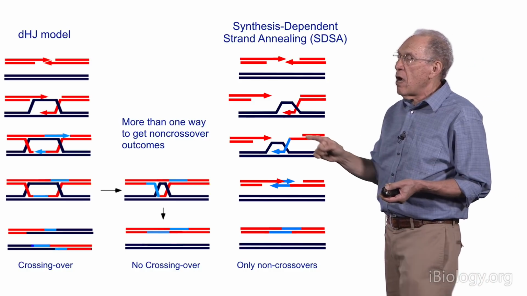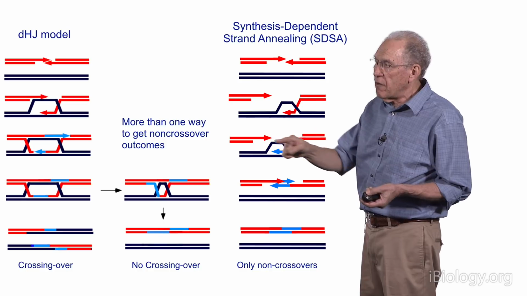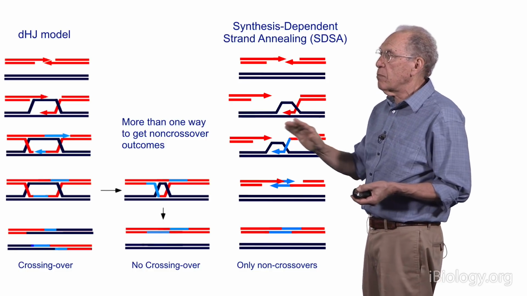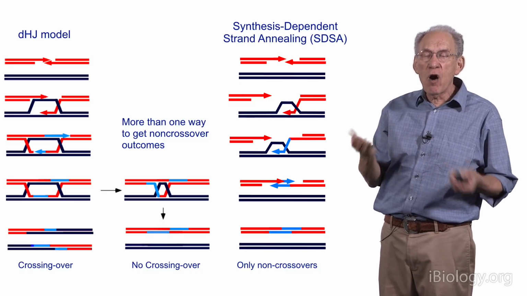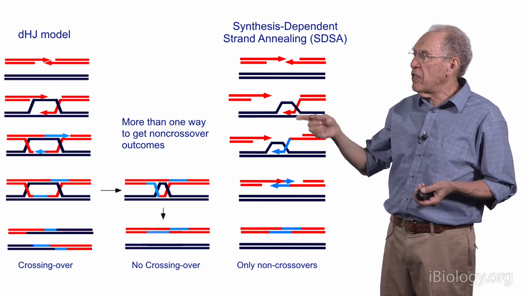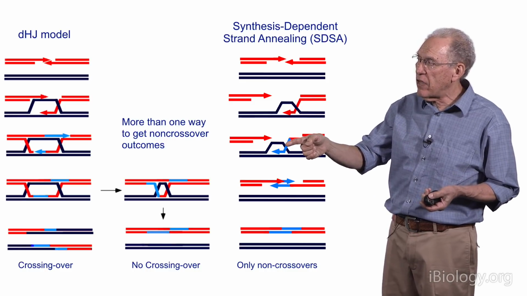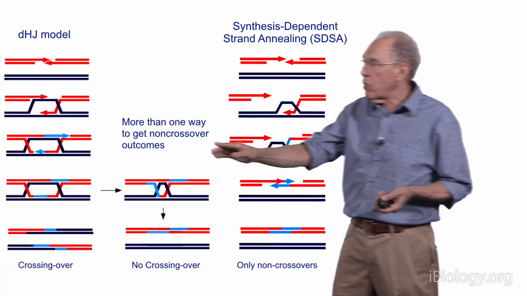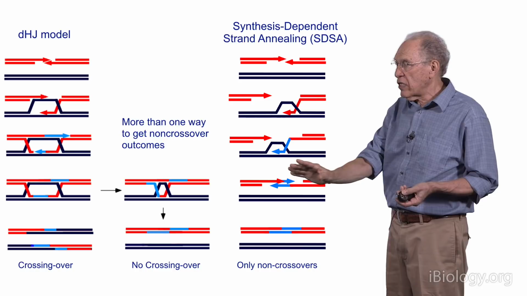But here, the new DNA synthesis that's being generated is different from what happens in the other mechanism because it's being unwound from the template in the same way that RNA would normally be unwound from its DNA template. And this unwound strand of DNA, the newly synthesized DNA, eventually is copied far enough so that it can anneal with its partner, and then it all gets patched up.